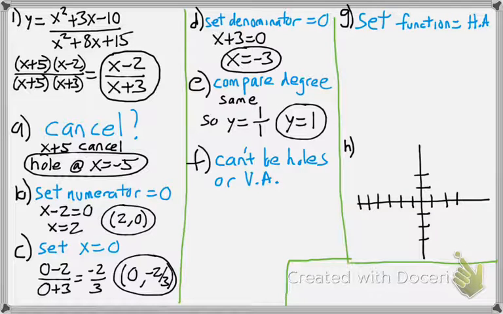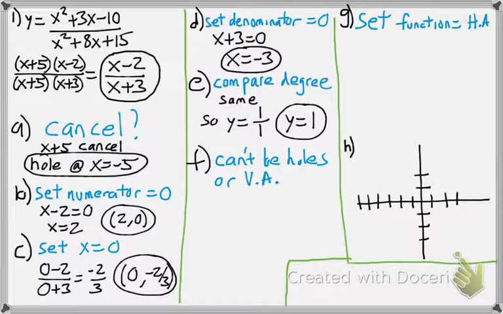For part F, this is the domain. We haven't had to deal with this yet in this section. The domain is the x values, and it can't be the vertical asymptotes or the holes. So we do need to express this in interval notation, and I basically just need to exclude negative 5 and negative 3.